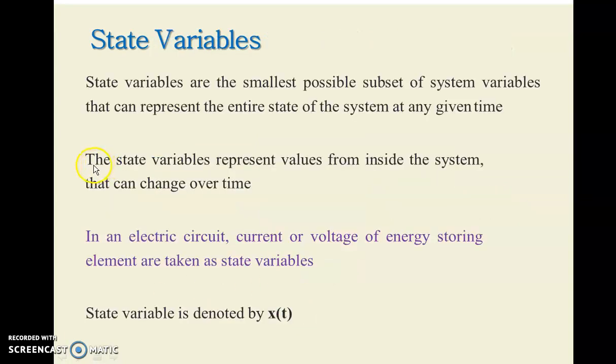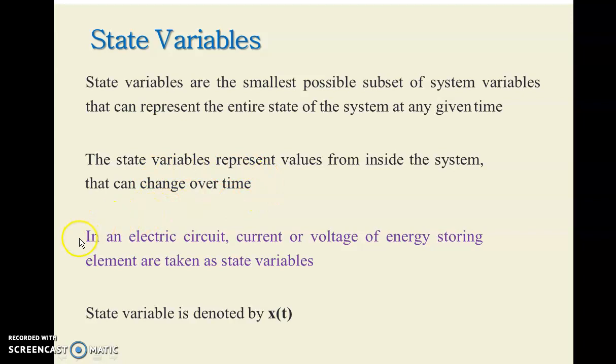A state variable is the smallest possible subset of system variables that can represent the entire state of the system at any given time. Please try to understand the term time over here. The state variables represent values inside the system that can change over time.